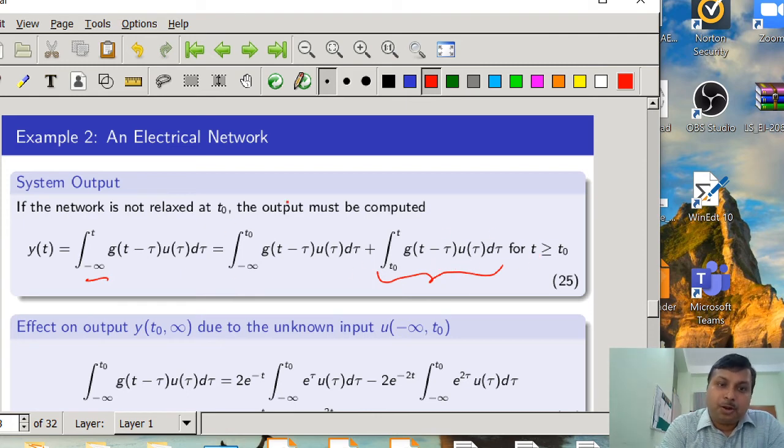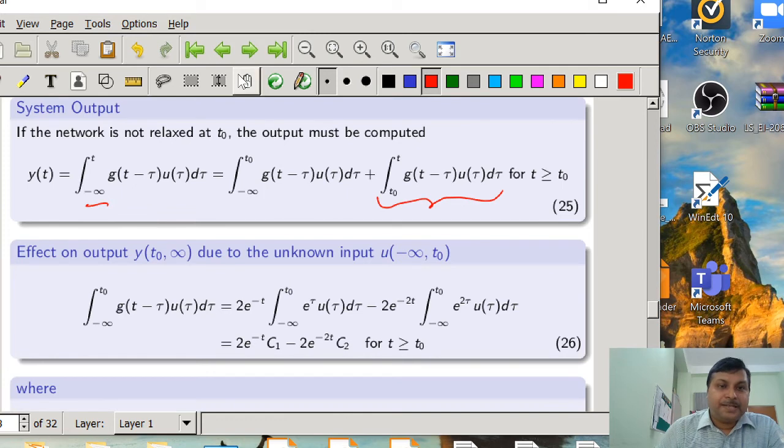But how do we want to know the effect on the output y from t0 to infinity due to the unknown input which was applied during minus infinity to t0, that is, initially? To do that, some more computation is required.